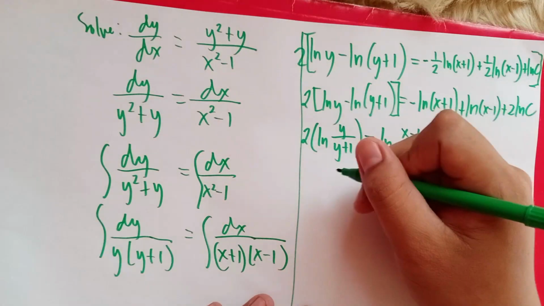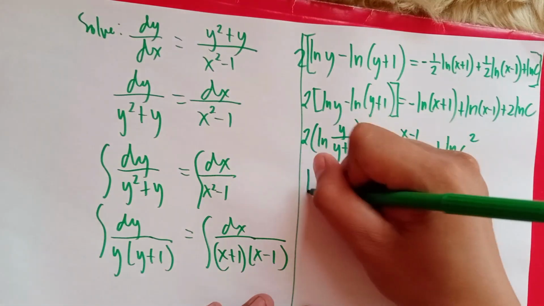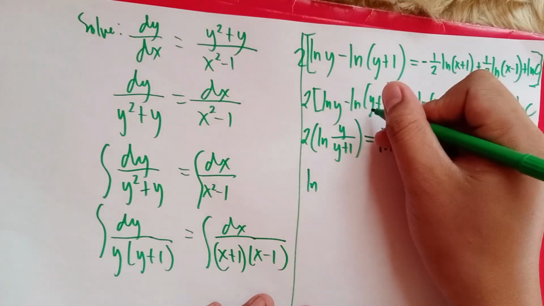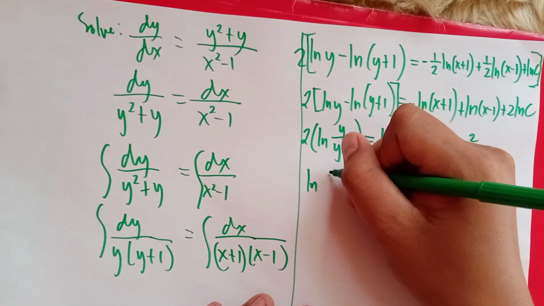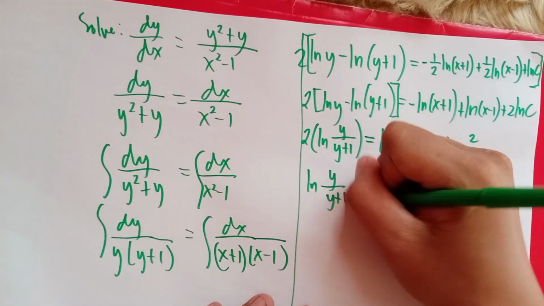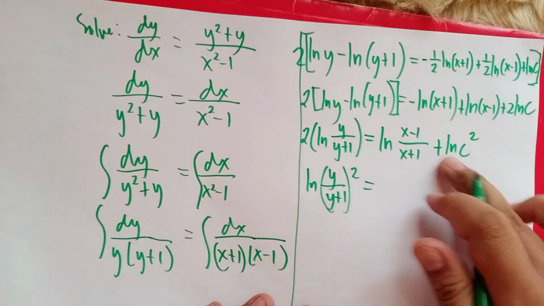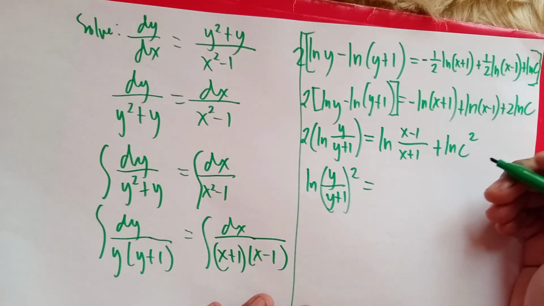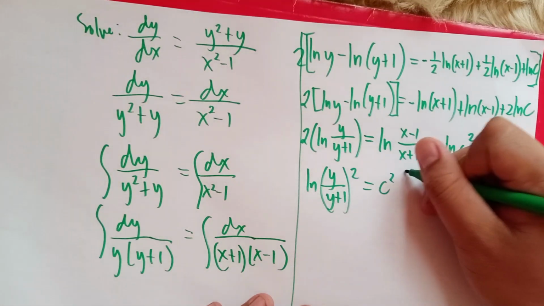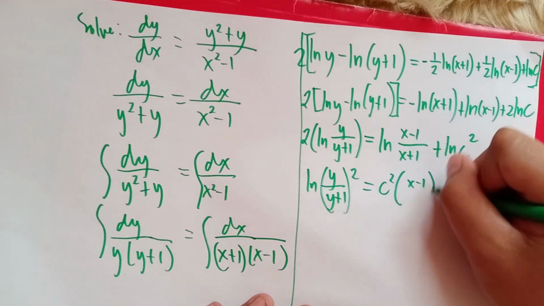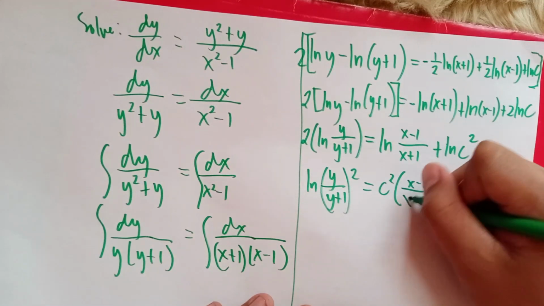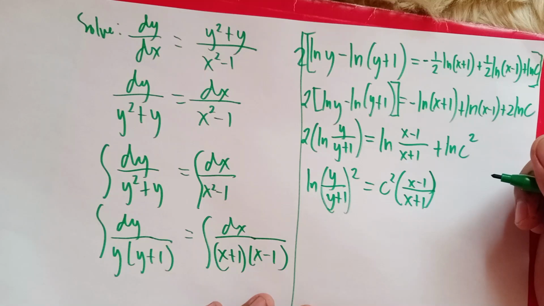Okay? Again, simplifying, we have natural log of, so the 2 becomes the exponent of y divided by y plus 1, raised to 2. Okay? Again, plus means multiply, we have c squared times x minus 1 divided by x plus 1.